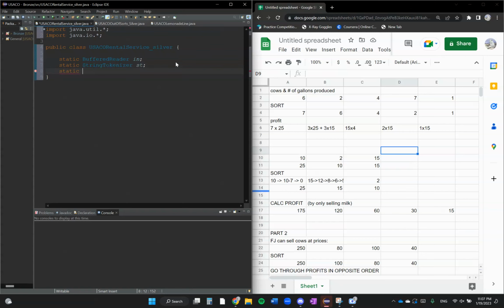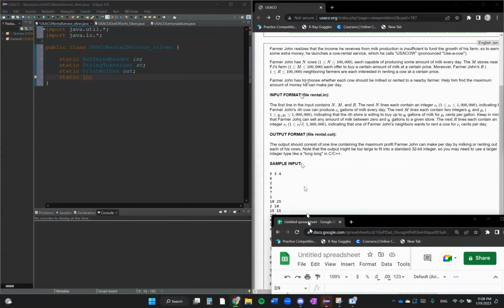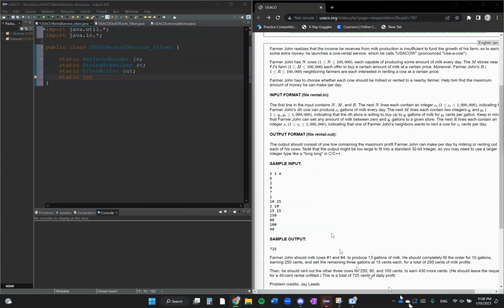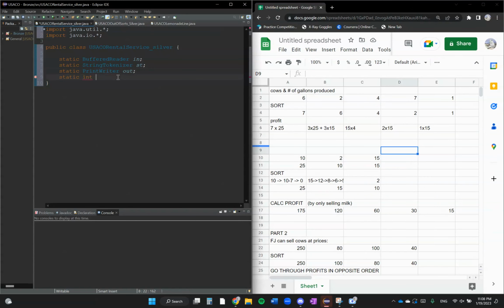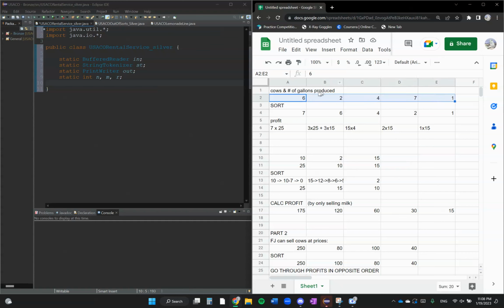and we need a PrintWriter. And after that, we need int n, m, and r. And let's create an array that keeps track of the gallons produced.